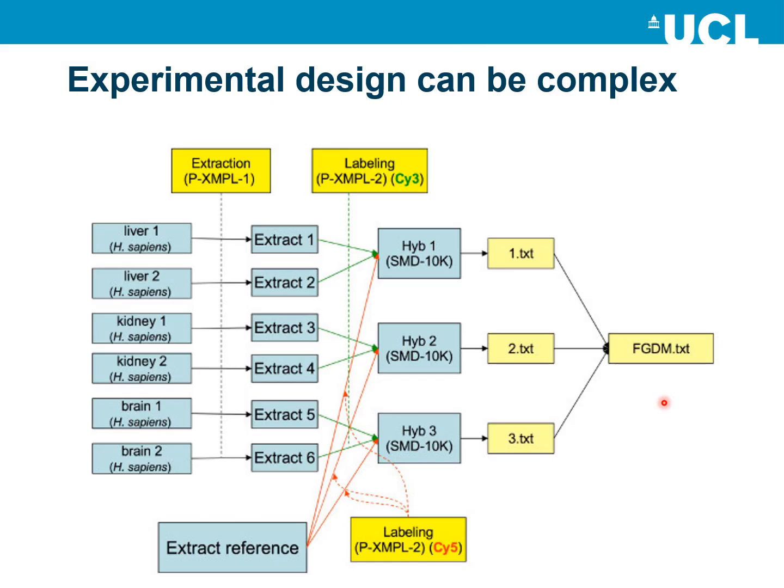To know how to analyze this final output, you really need to know the design of the experiment: that you're taking 2 different liver samples and joining them together to compare against a reference. That actually changes the statistics that you need to use to analyze the data.